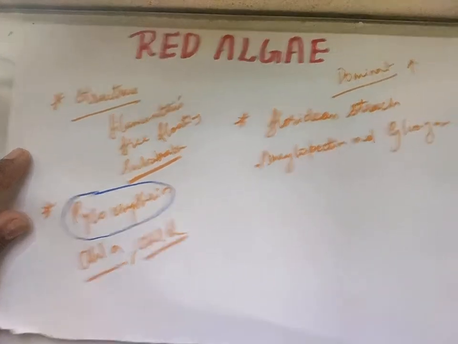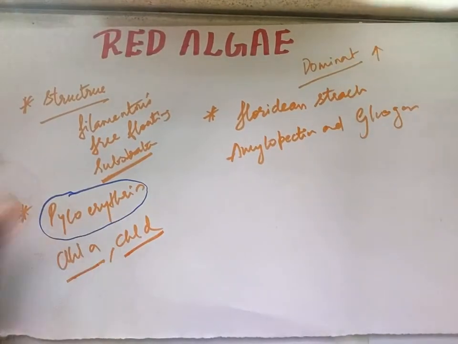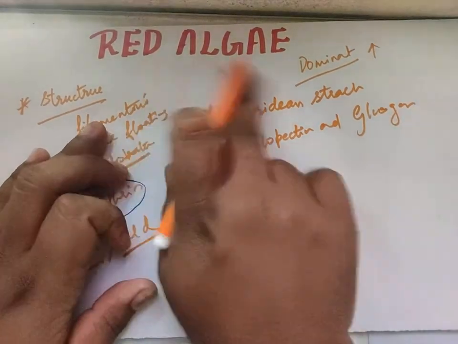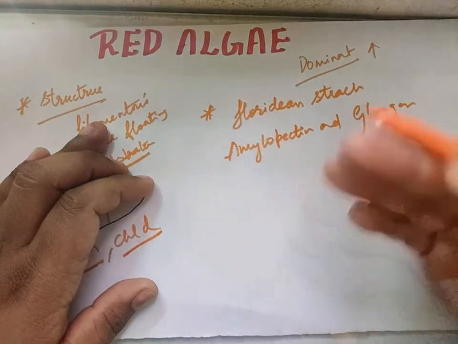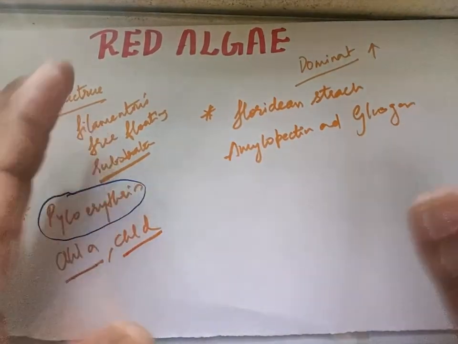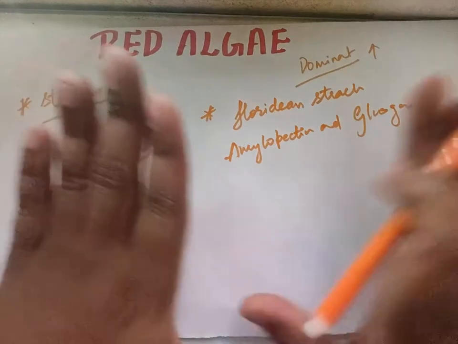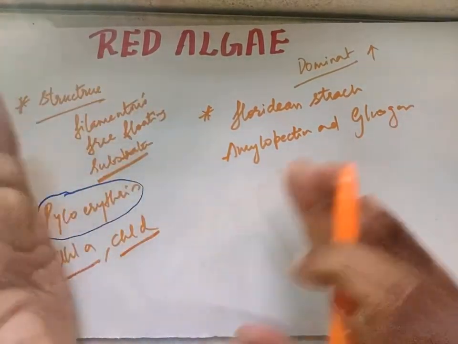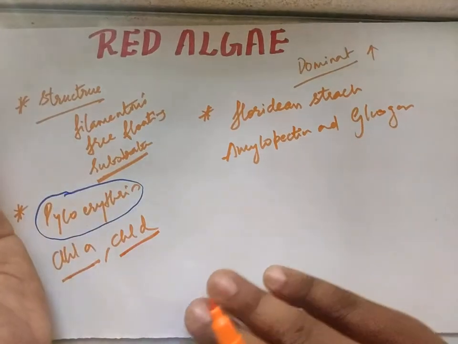Reserve food materials means what? Whatever food material is produced after photosynthesis is utilized by the algae, and the extra food material that has to be stored in the algae is called reserve food material.